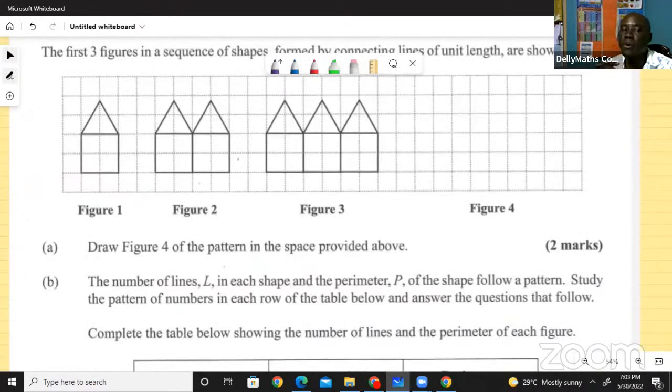And they said draw figure 4 of the pattern in the shape. Now I will say to you, when you observe, because I said this topic is called observation, you're looking at 1 house, 2 houses, 3 houses, and so on and so forth. All right. So here is the deal.